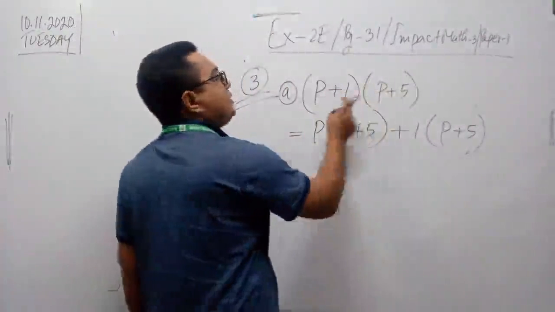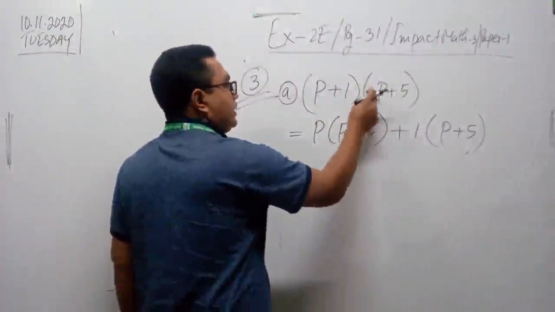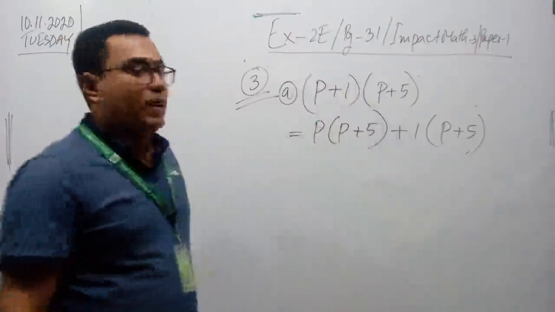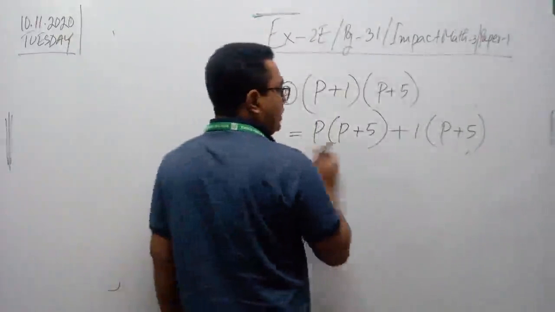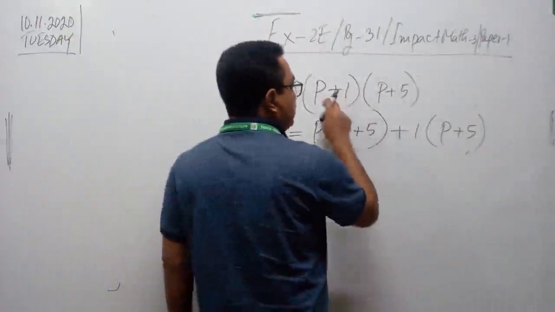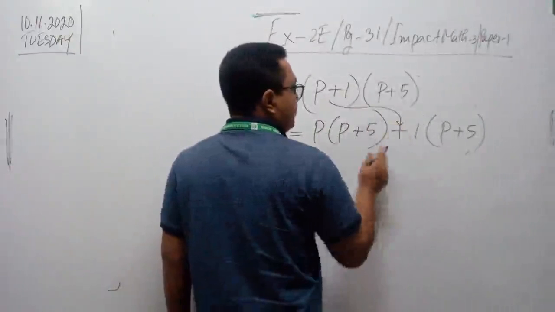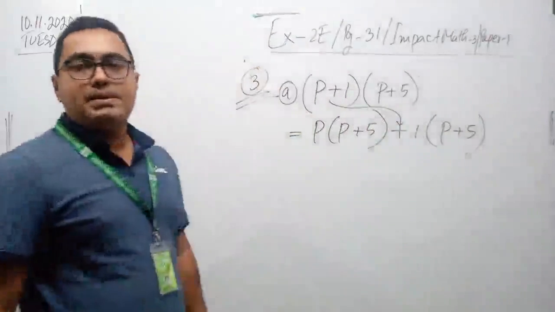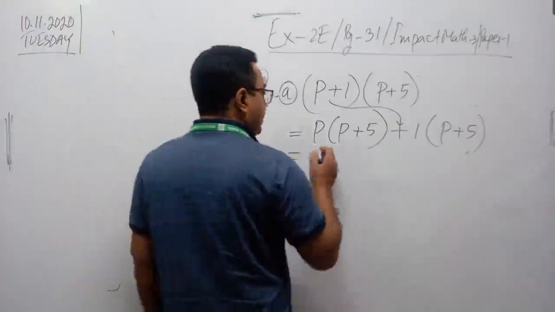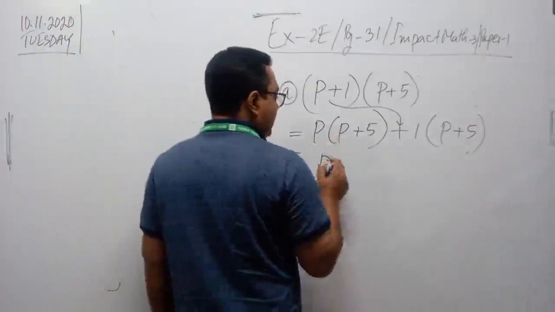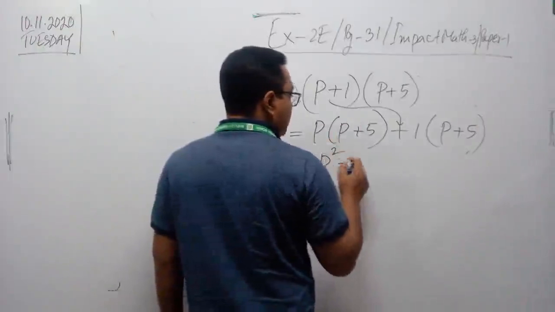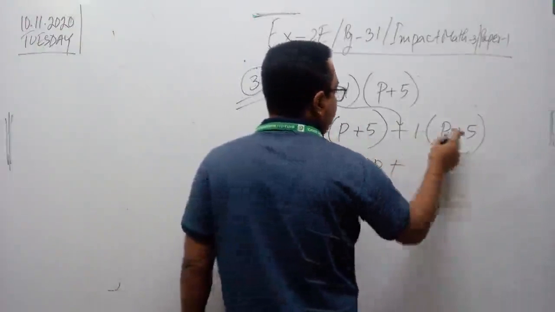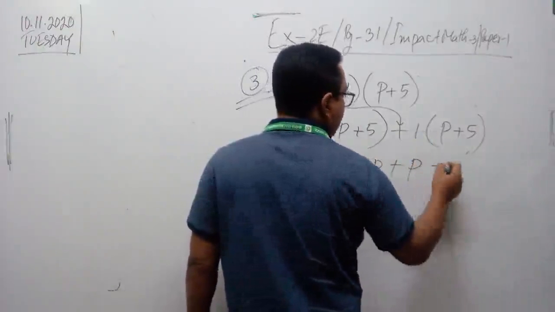So, using distributive law, we are distributing this p plus 5 with p and 1. With p here, then this plus sign, and then 1 multiplied by p plus 5. Now simplify them. P into p is p square, plus p into 5, 5p, plus 1 into p, only p, plus 5.